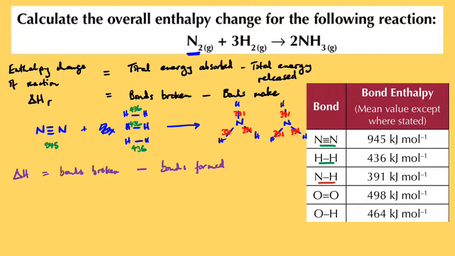It means the same thing. All right, so the bonds broken is going to be 1 times 945 plus 3 times 436. So that all comes to 2253. If you put that in your calculator, 2253 kilojoules per mole. And then our bonds formed is going to be 6 times 391, which is 2346.